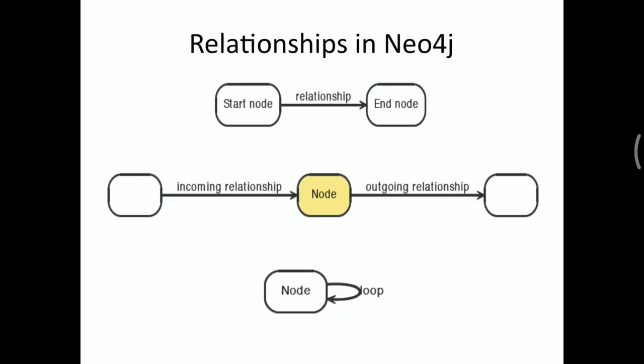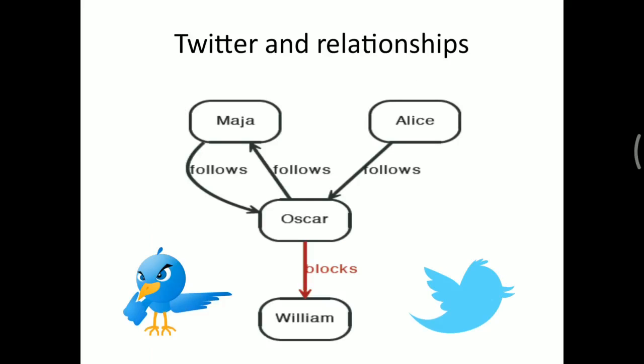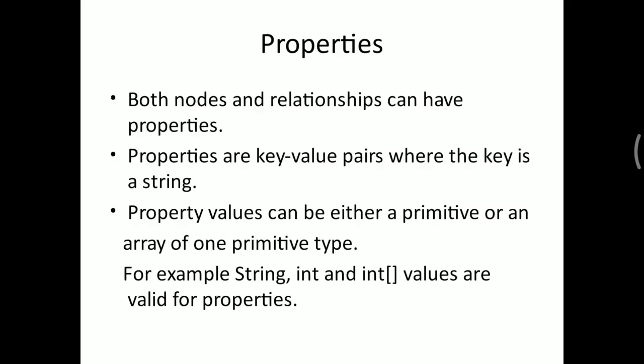Getting to the relationships of Neo4j, there are many relationships, like we can see in Twitter. There will be four blocks: Maja, Alice, Oscar, and William. The four will be connected with a follows block by these Neo4j relationships.